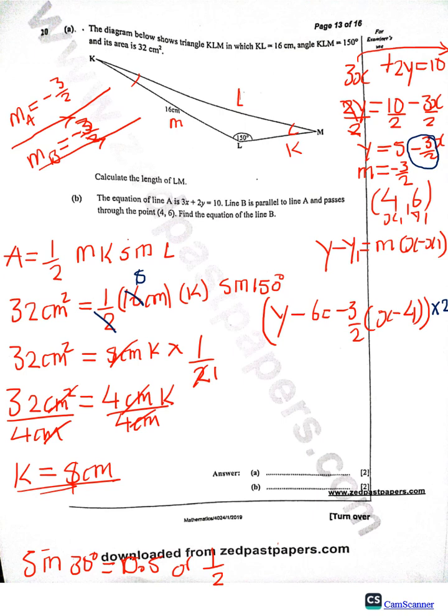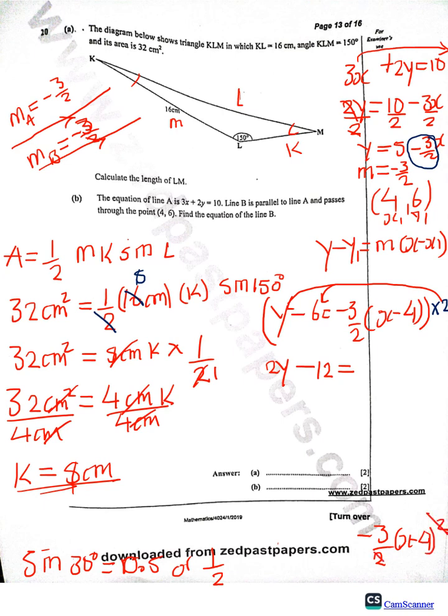So what this simply means is these two will multiply with y. So 2 times y is 2y minus, these two also multiply with 6. 2 times negative 6 is negative 12. Now, this 2 times the negative 3 over 2, these two will cancel. What we are saying is negative 3 over 2 times x minus 4 times 2.